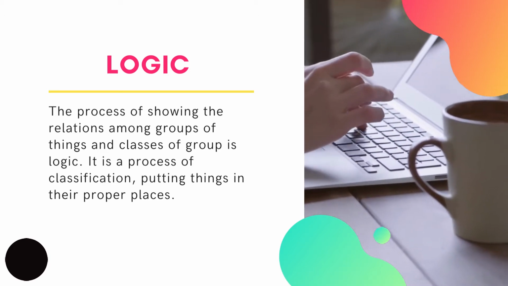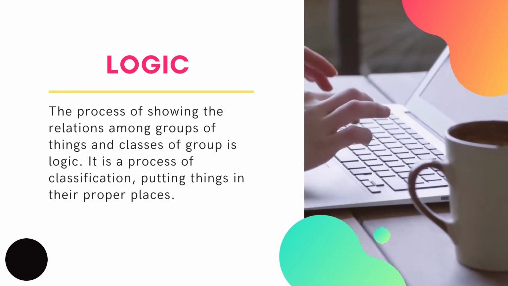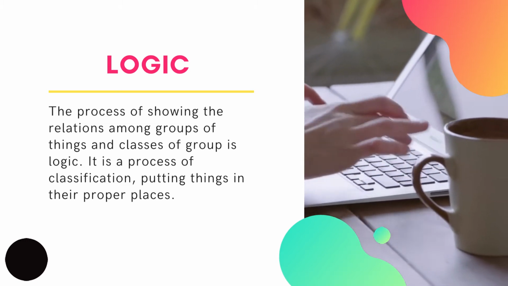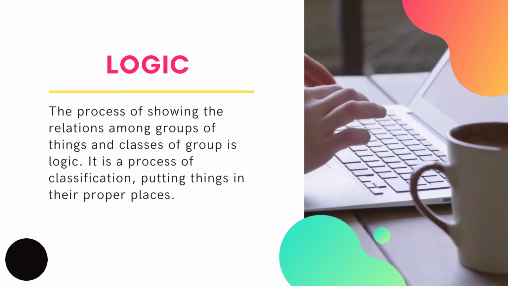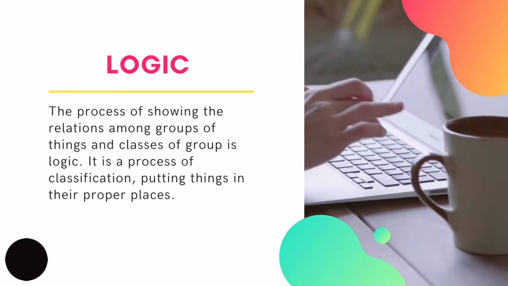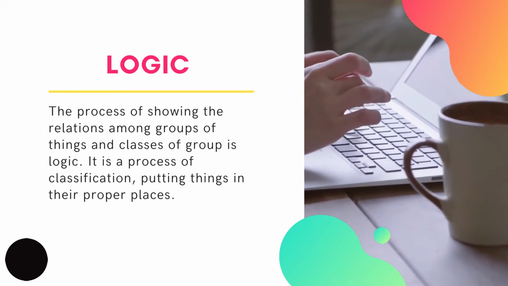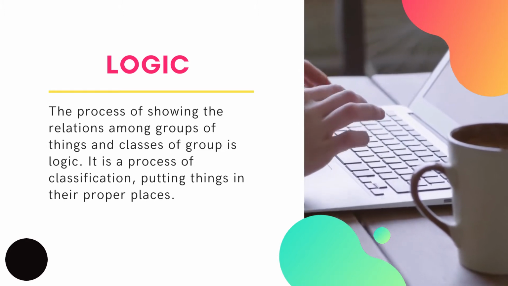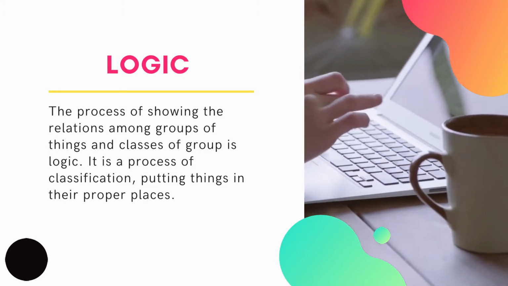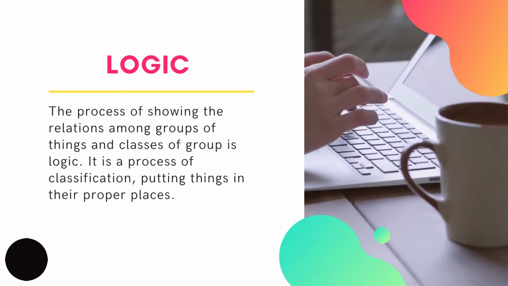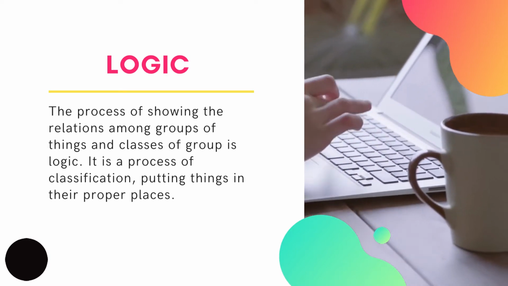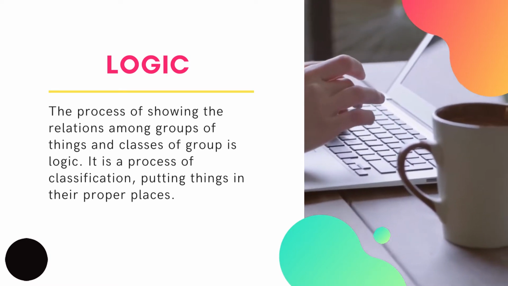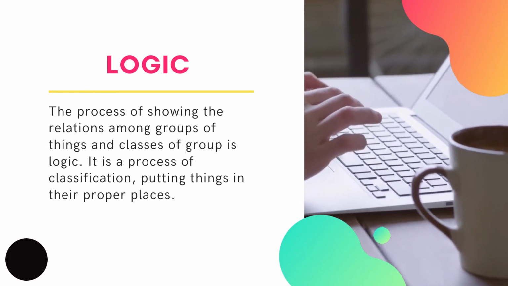So you might as well take the subject logic, or if not, you are actually familiar with its meaning. So when we say logic, you are writing logically and concisely. When we say it's the process of showing the relationships among groups of things, you know how you will classify things according to their purpose.